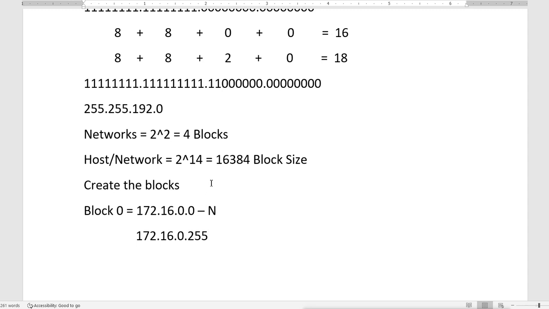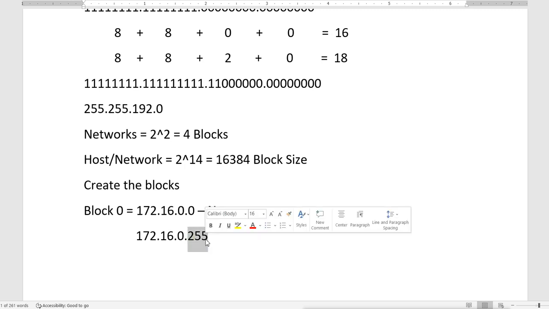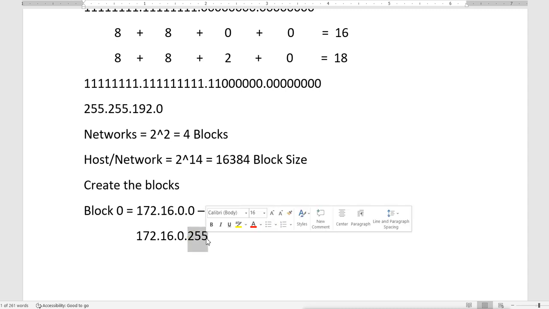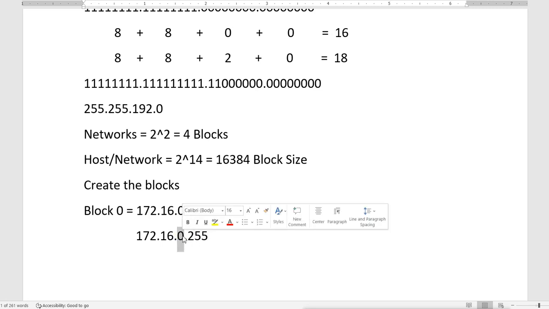In a single block I have to add 16,384 IPs. The problem is that on one side I can add only 0 to 255. I cannot add all the 16,384 IPs here. So to add these 16,384 IPs, I have to see how many times this number goes to 255 and then the next number increases, to reach 16,384.